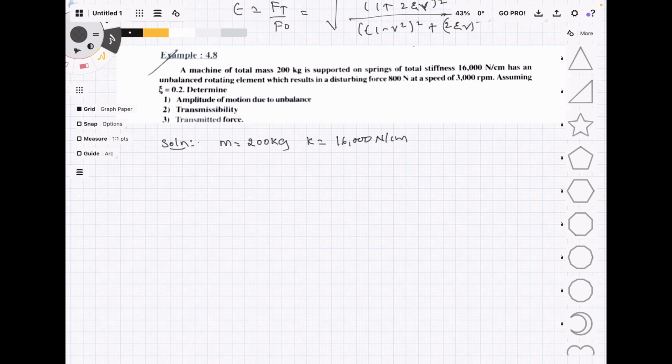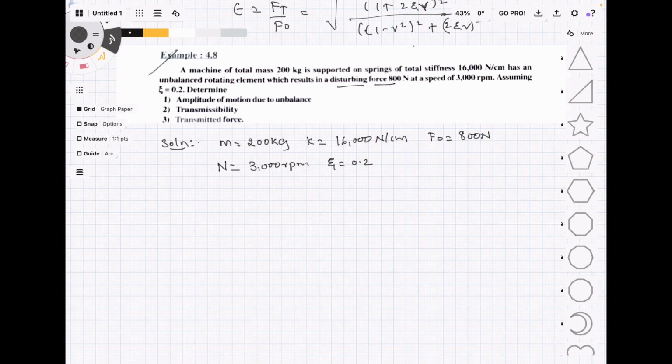Then they have given a disturbing force, which is nothing but F naught, 800 Newton, and the speed, which is 3000 rpm. Assuming the zeta value of 0.2, we need to find out the amplitude of motion due to unbalance. Next, we need to determine the transmissibility and the transmitted force.